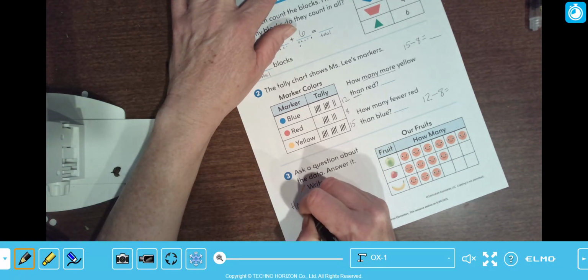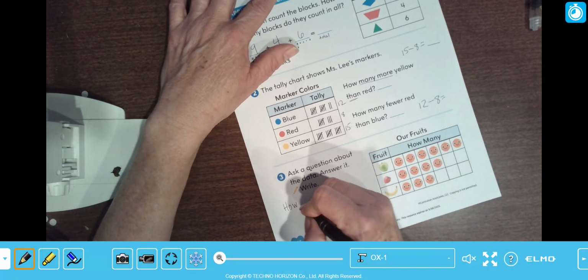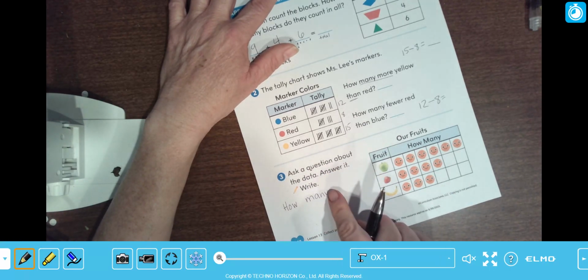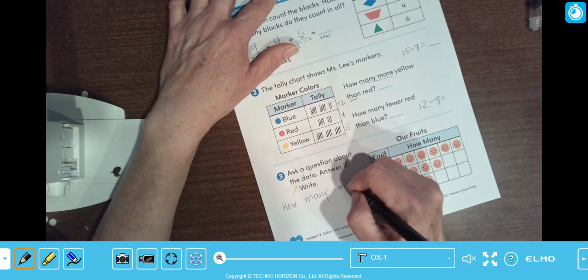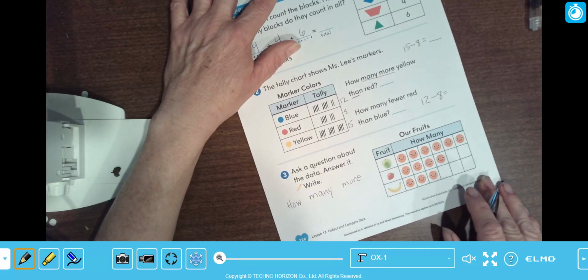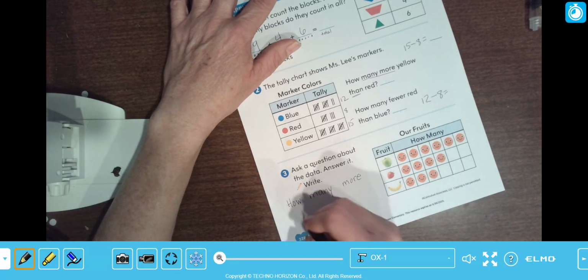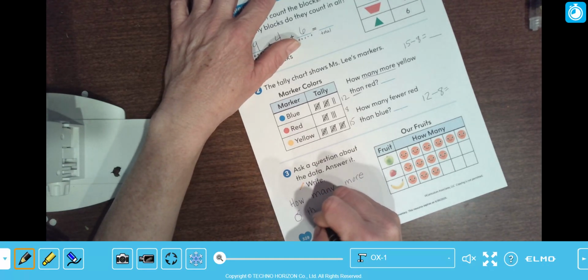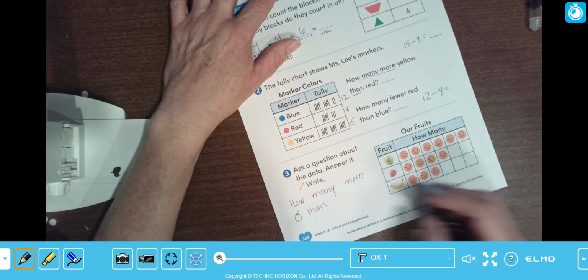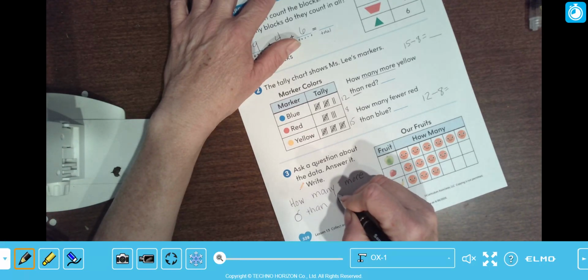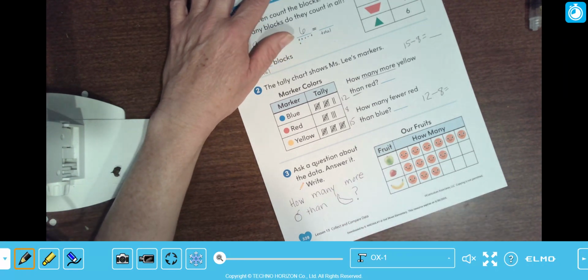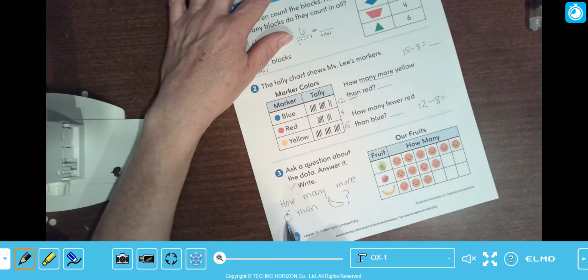How many more apples than bananas? And then the question mark. How many more apples than bananas?